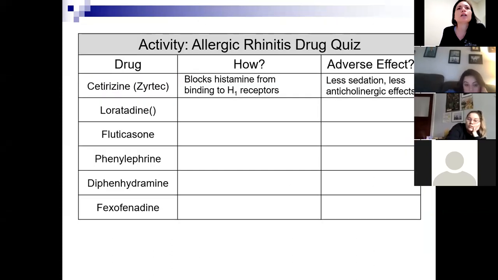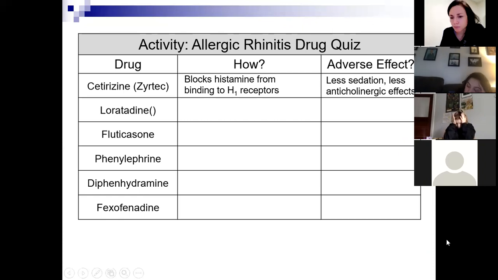And here's just a little chart for you to fill in to test yourself a bit. Does anybody remember which one loratadine is from a few slides ago? It's a second generation antihistamine. Do you remember the brand name?